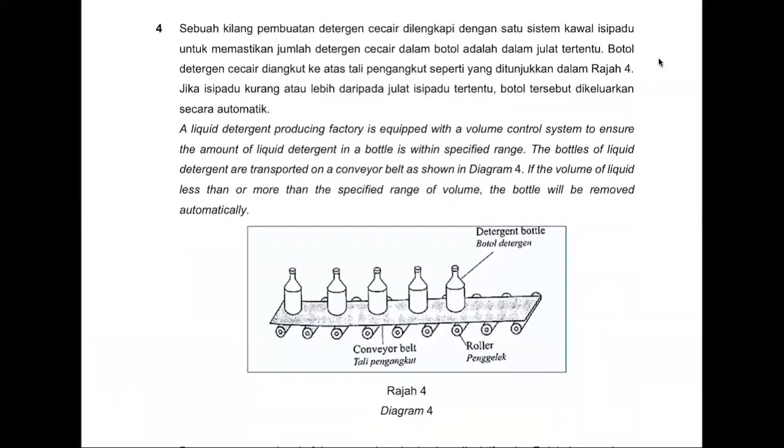Question number 4. A liquid detergent producing factory is equipped with a volume control system to ensure the amount of liquid detergent in a bottle is within specified range. The bottles of liquid detergent are transported on a conveyor belt, as shown in diagram 4. If the volume of liquid is less than or more than the specified range of volume, the bottle will be removed automatically.